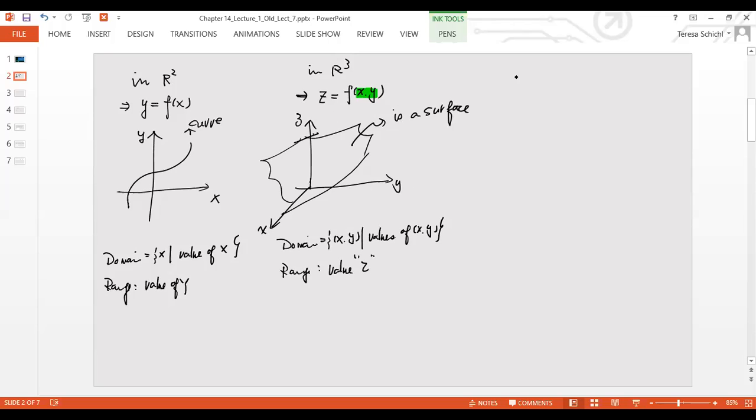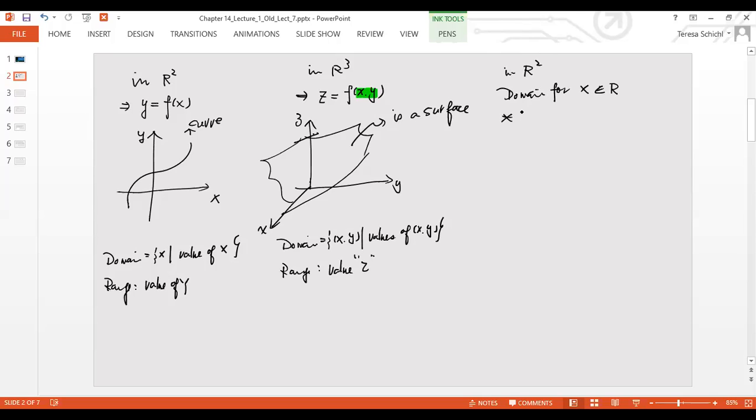Okay, so like in R2, we say the domain is typically, if there are no restrictions, the real numbers. So the domain for x is typically said to belong to the real numbers. But then we say, okay, be careful. We have a few things we need to check.